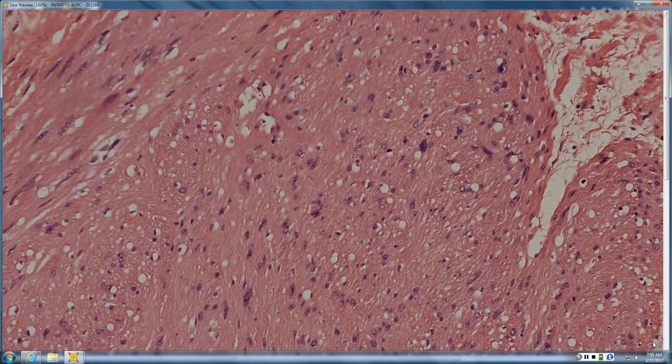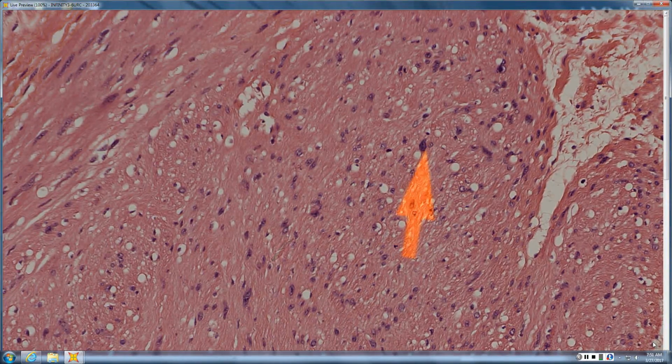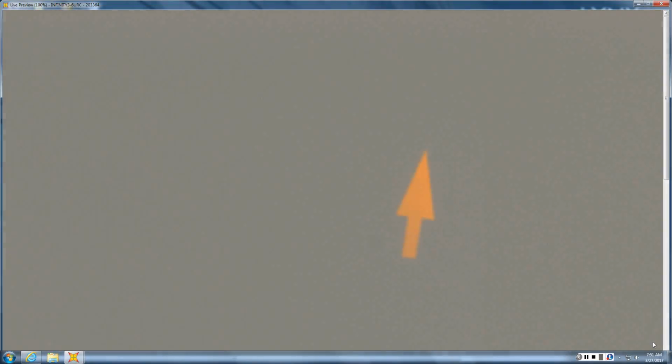In a leiomyoma, we saw them recently, we call it symplastic change. In a melanocytic or neural lesion, we call it ancient change. It's all the same thing. It's just that atypia in the absence of mitoses means not much in the setting of a neural crest or smooth muscle neoplasm.